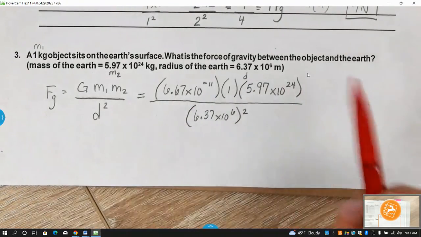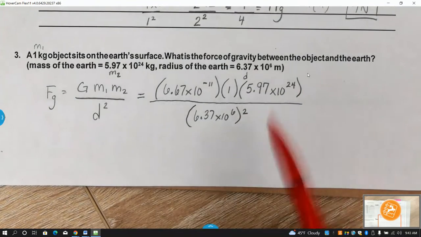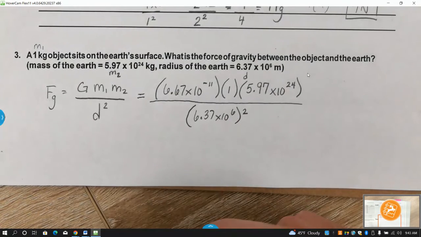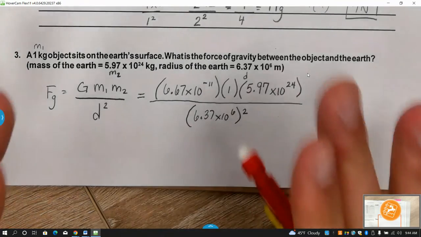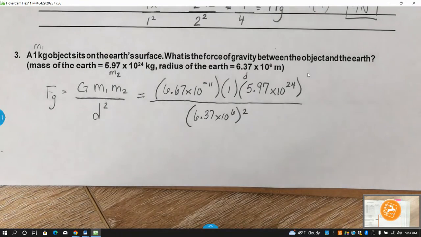Sometimes when we're writing exponents like this, we have a tendency to forget to square, because we have an exponent as far as a planet's radius. Now, I'm going to show you guys how to type this into the calculator. I want you to do it along with me.